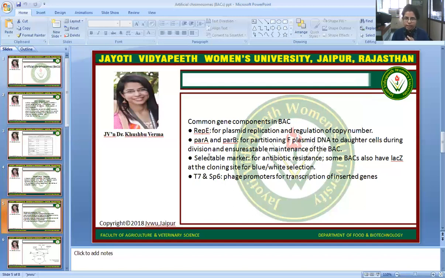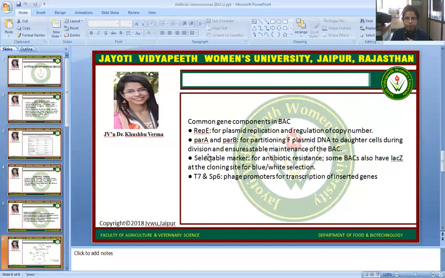Third is a selectable marker, which is required for antibiotic resistance. Some BACs also have the lacZ region at the cloning site for blue-white colony selection. The next and last gene components are T7 and SP6. These are phage promoters for transcription of inserted genes.